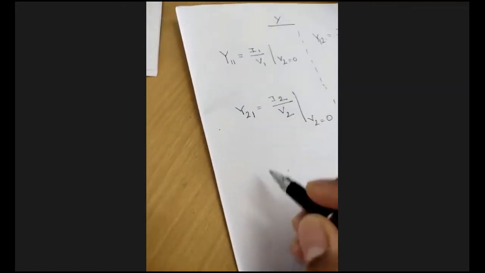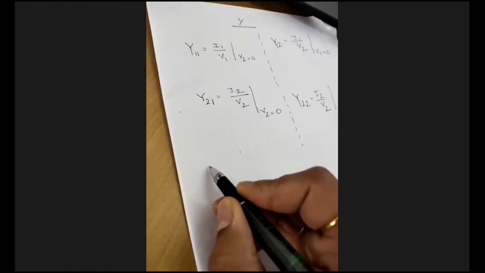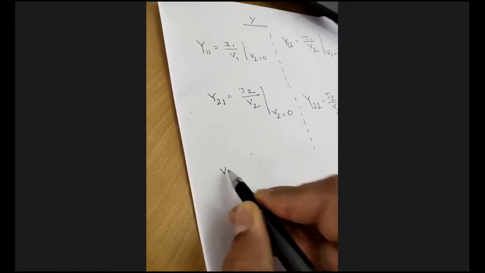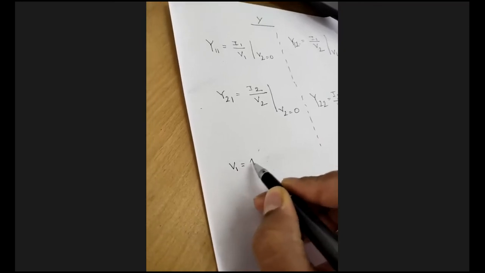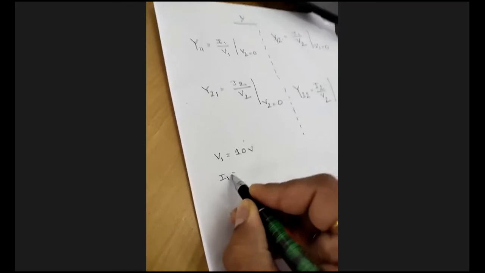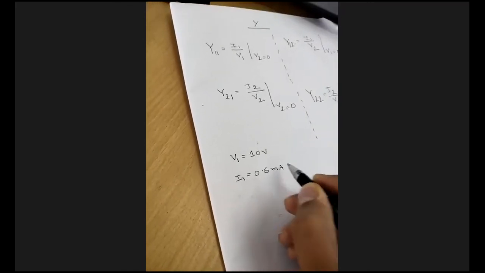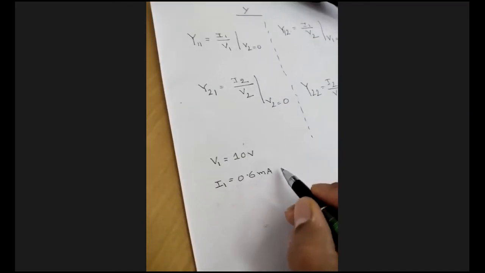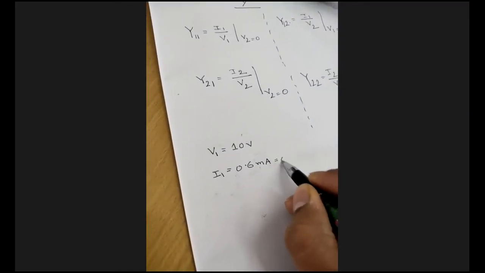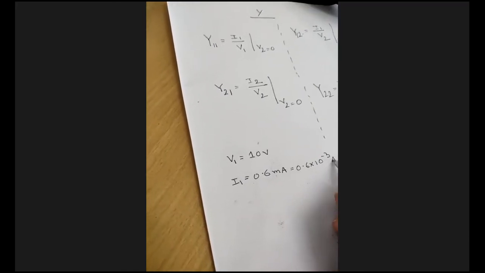V1 is how much? You guys also take your notes and calculate. V1 is 10 volt, right? I1 is how much? 0.6 milliampere. 0.6 milliampere means how much ampere? 0.6 into 10 to the power minus 3 ampere.